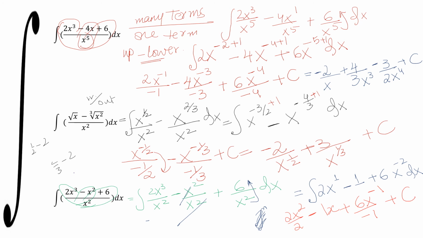Now we have one negative power, so we will bring it down to make it positive. 2 divided by 2 gives us 1, so x squared, minus 1x means x, plus 6 divided by negative 1, so it gives you minus 6 with a negative power, bring it down to make it positive, and plus c.